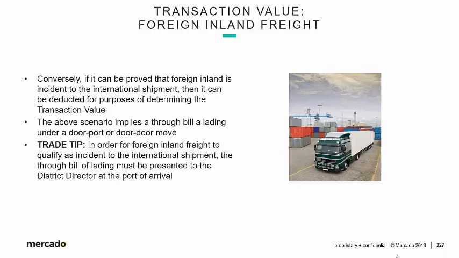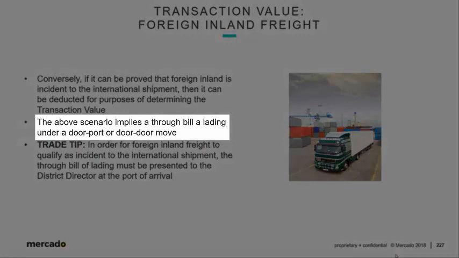First bullet, and this is where things really get interesting. If it can be proved that foreign inland freight is incident to the international shipment, then it can be deducted for purposes of determining the transaction value. Here's the real key point. Second bullet, the above scenario implies a through bill of lading under a door-to-port or door-to-door move.